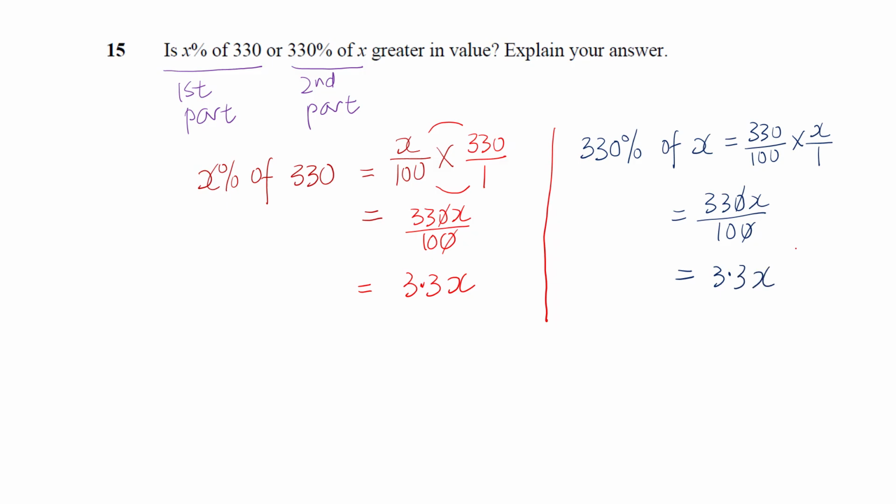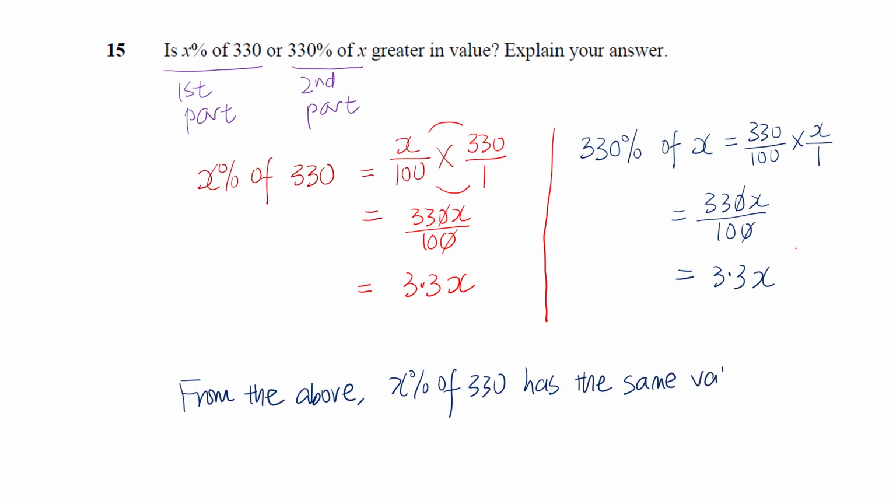And what do you observe? Yes, actually they have the same value. So from the above, x% of 330 has the same value as 330% of x.